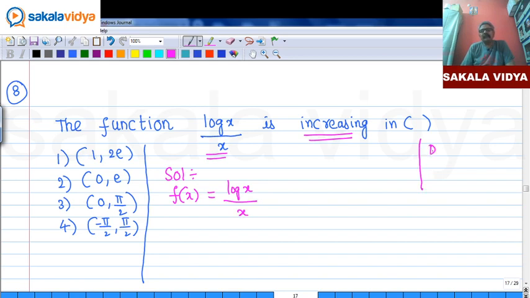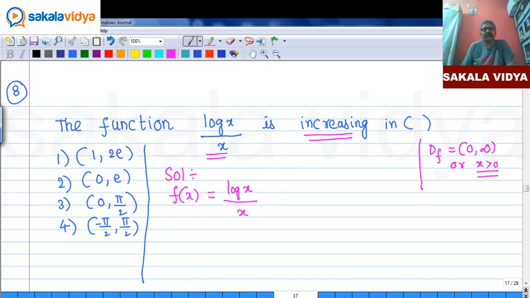The domain of the function is such that x cannot take negative values, x cannot take 0. So, the domain of f is 0 to infinity, or we can say that x must be greater than 0.